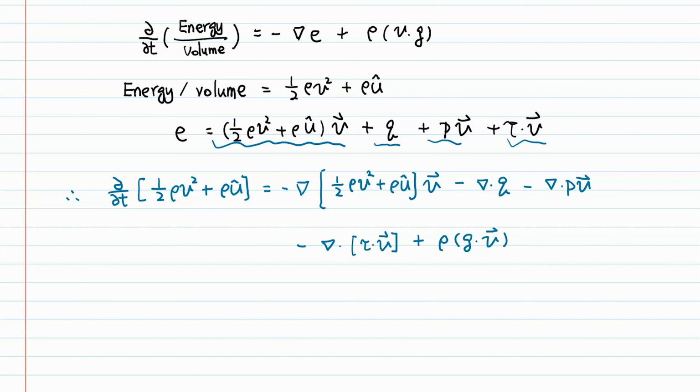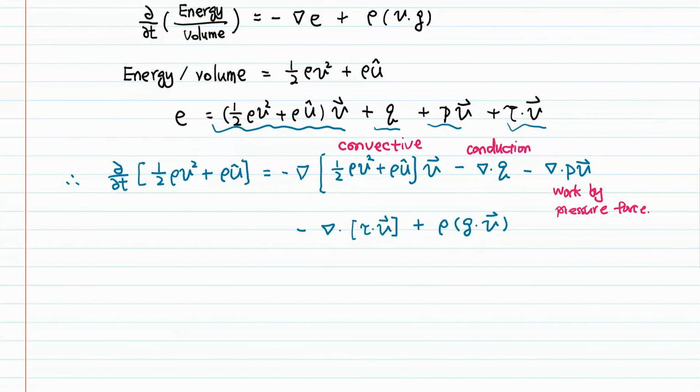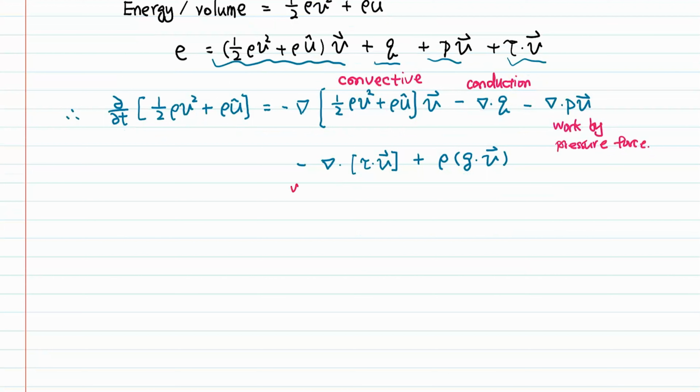Let's pinpoint it down. We have a convective term here, just to make it easier to understand. We have the convective term, heat conduction, work by pressure forces, and work by viscous forces.